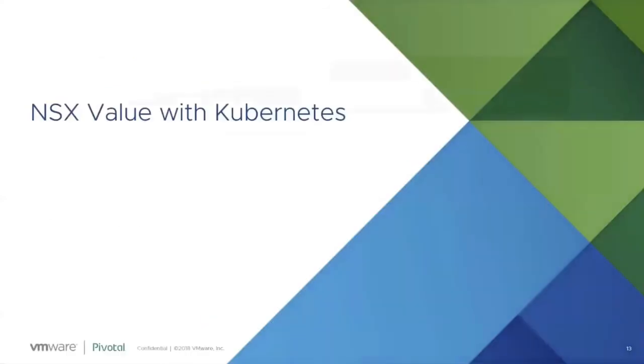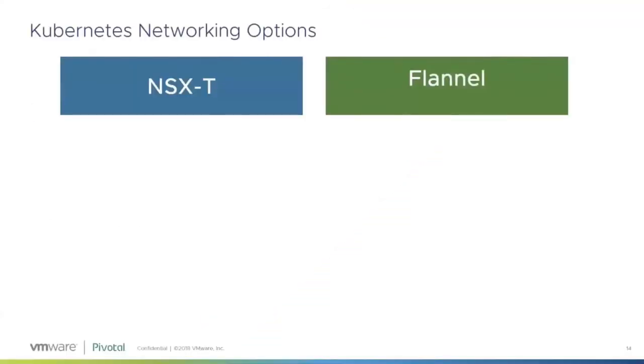So NSX, I'll go through this pretty quick. A lot of times NSX is compared with open source solutions. So real quick, from an open source perspective, I think the thing you've got to take into consideration is how many different open source projects are required when providing a complete network solution in Kubernetes. So Flannel is one that's sometimes highlighted, but that's only for layer 2 traffic between pods.